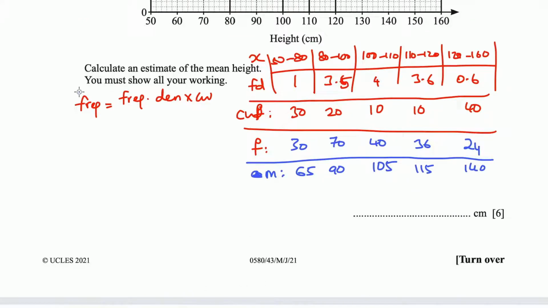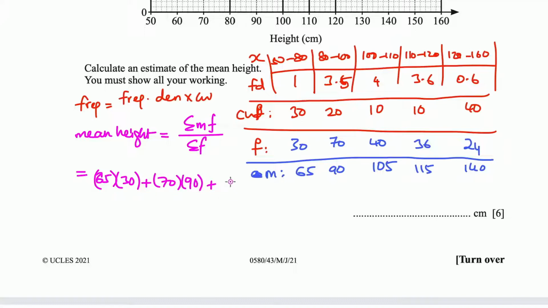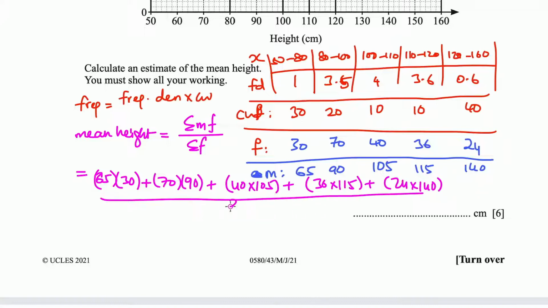Now, what is the mean height actually? The mean height is the sum of all sigma m into f, where m is the midpoints and f is the frequency, divided by sigma f. So this would be equal to 65 into 30 plus 70 into 90 plus 40 into 105 plus 36 into 115 plus 24 into 140 divided by 200.